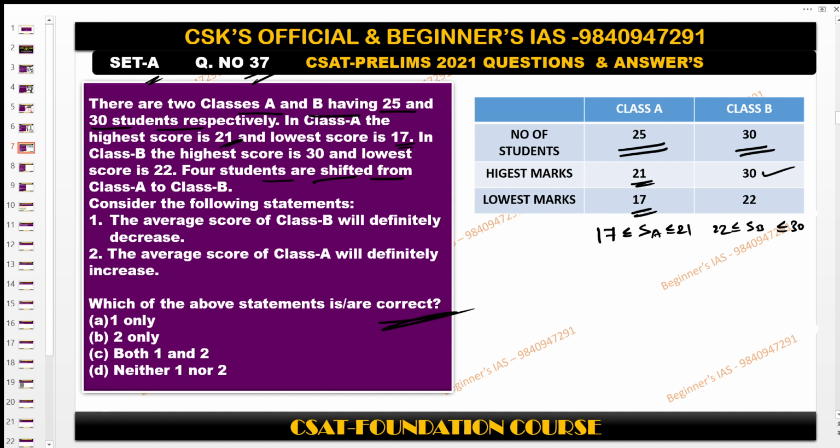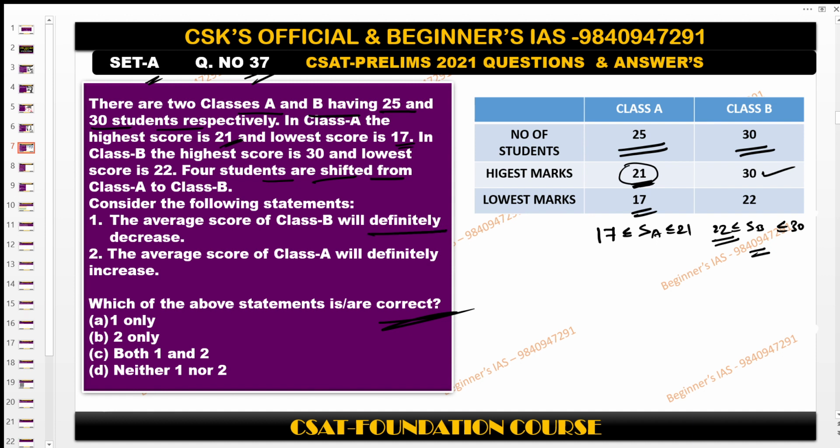You know the average is equal to sum by number. The highest mark here is 21. Even so, the 4 students moving to B have a lowest mark of 22. If those 4 people move here, obviously their average reduces.